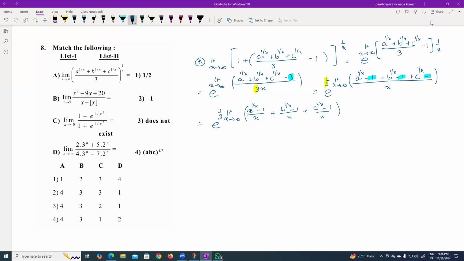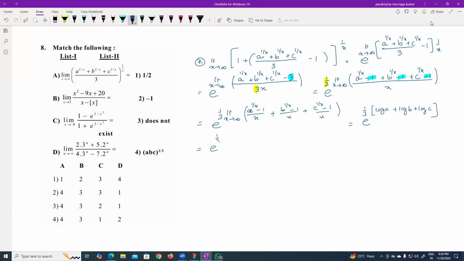Now, what you can do is use a formula. Therefore, you can write the first thing as log a, because that is the formula. E power 1 by 3, this is log a plus log b plus log c. Okay, so that is the formula.